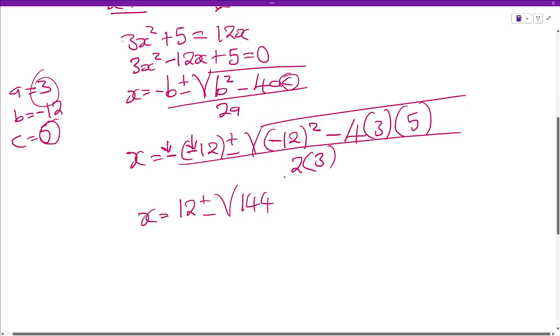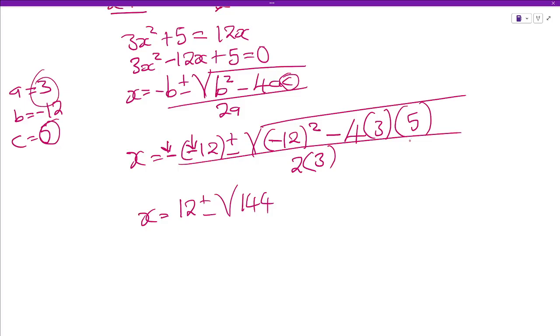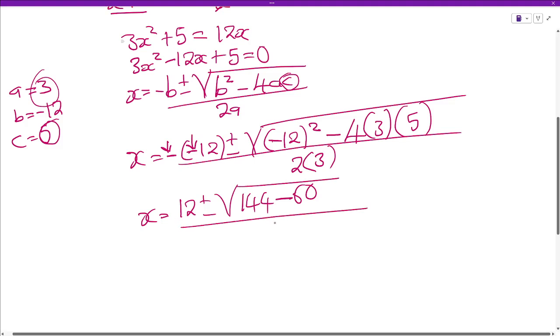So be very careful. And then here negative 4 times 3 times 5. So negative 4 first, open bracket, 3, close, open, 5, close. That gives me negative 60. And then everything over 2 times 3, that's a 6.